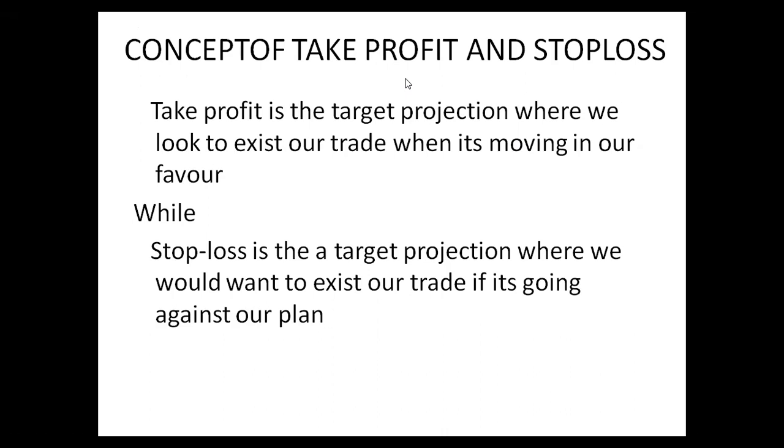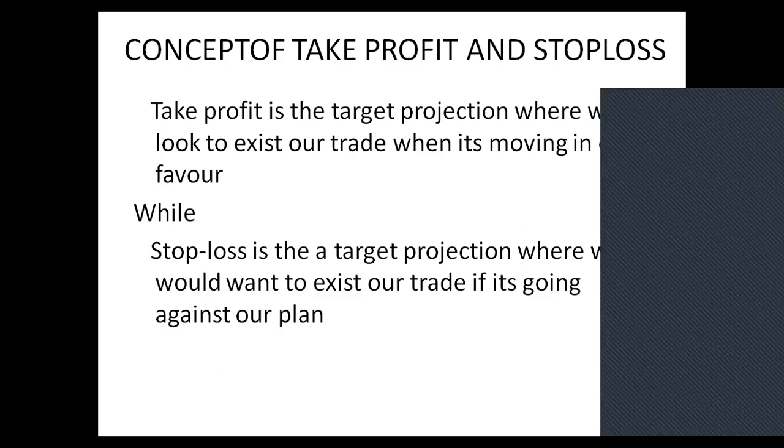So that price at which you are selling the beans is the point whereby you are making profit. So that is your target projection. Your target projection is to hold the beans for a particular period of time, and when that time is achieved, you sell off the beans and make your money. You get that now. So that's the concept of take profit.